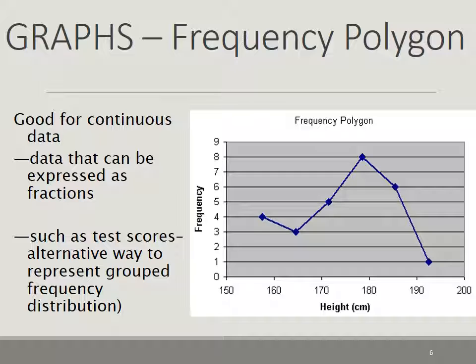Okay, so when we start looking at frequency polygons, this is where we start getting a little more interesting. This is for continuous data, and this can be expressed as a fraction. And you sometimes have test scores that are grouped like this, and then they show frequency distributions. We're going to be seeing a few more of those as we get further into the course. But in general, here you can actually connect lines, because there are heights that range from 160 to 170.